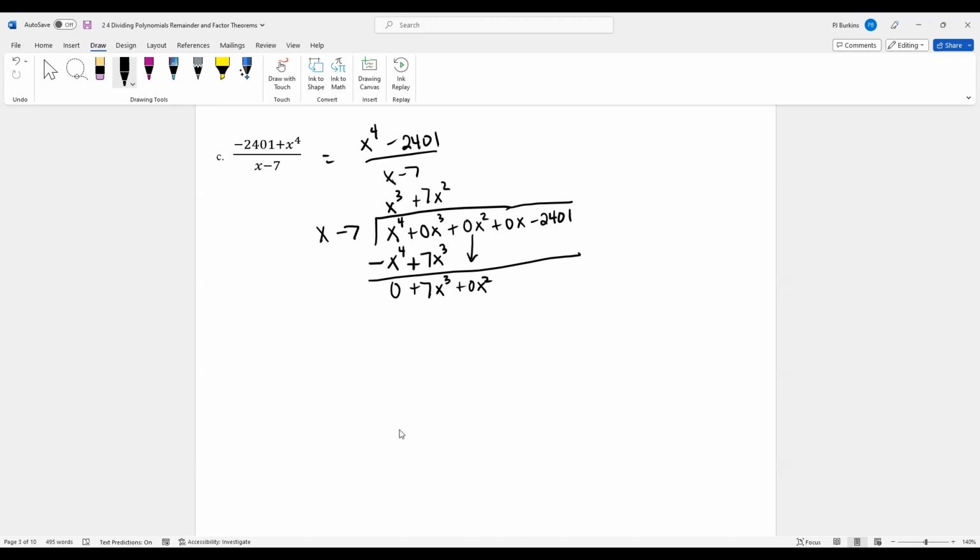So next we multiply this value, 7x squared, by the divisor. That's 7x cubed minus 49x squared. All right, change the signs, add down the columns, bring down the next term.